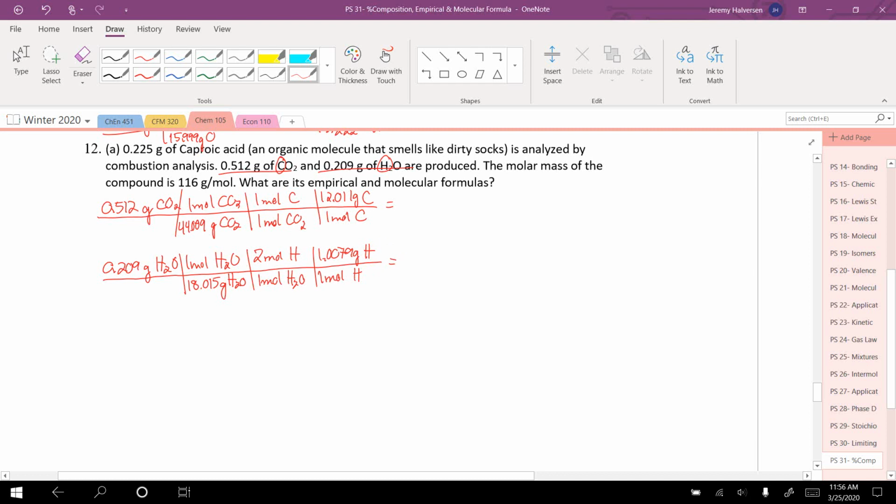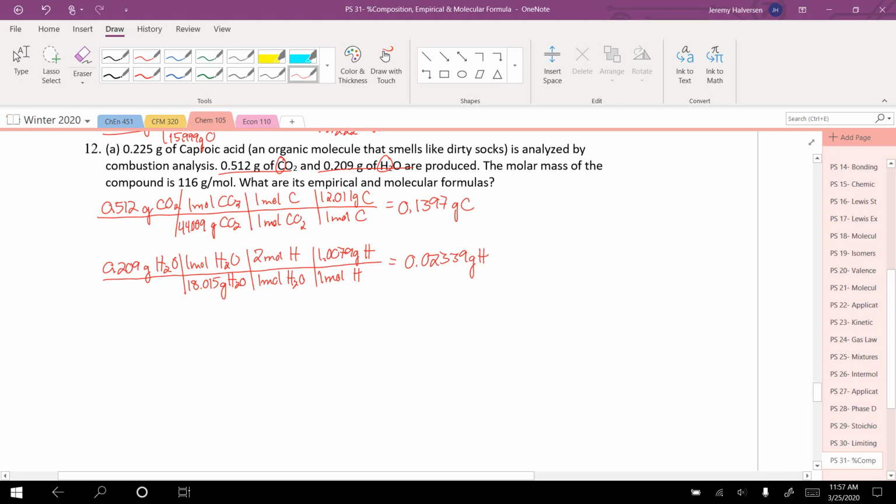All right. I get, let's see, this is number 12, okay. 0.1397 grams carbon, 0.02339 grams of hydrogen.